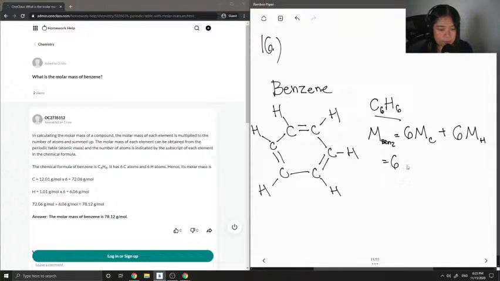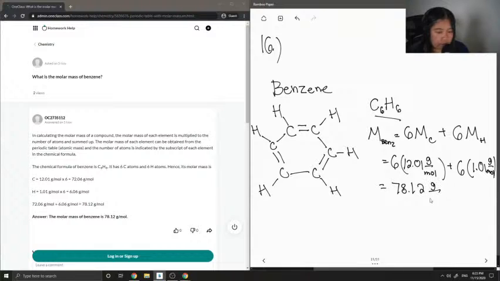So if we were to look up their values on the periodic table, the atomic mass for carbon is 12.01 grams per mole, and the molar mass of hydrogen is 1.01 grams per mole. Okay, so adding up all these values, you get a final molar mass of benzene to be 78.12 grams per mole.